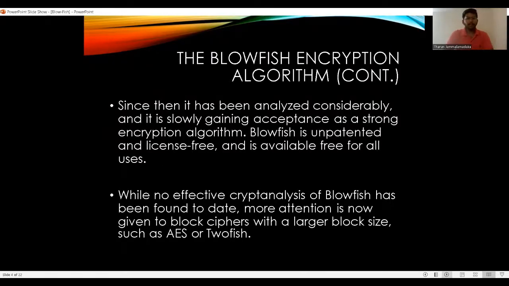Since then it has been analyzed considerably and it is slowly gaining acceptance as a strong encryption algorithm. Blowfish is unpatented and license free and is available free for all users. While no effective cryptanalysis of Blowfish has been found to date, more attention is now given to block ciphers with a large block size such as AES or Twofish.